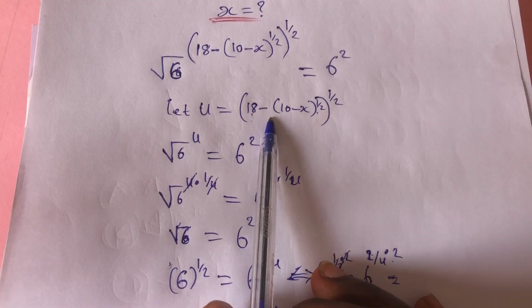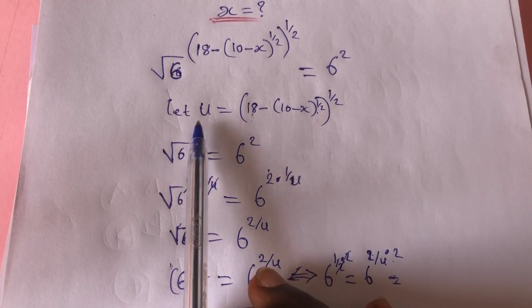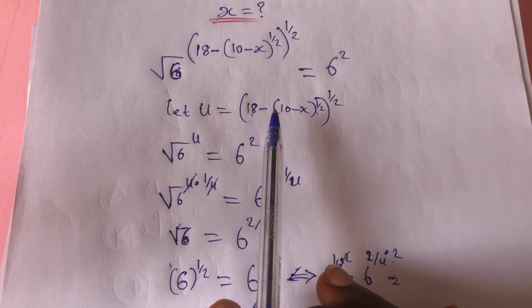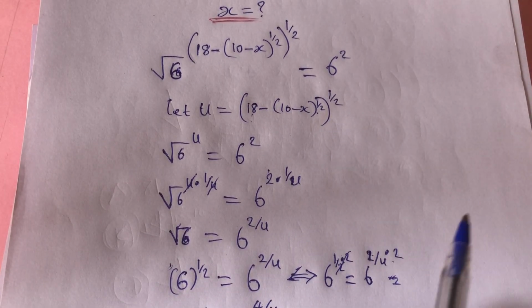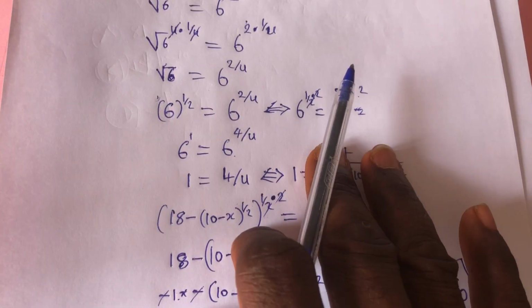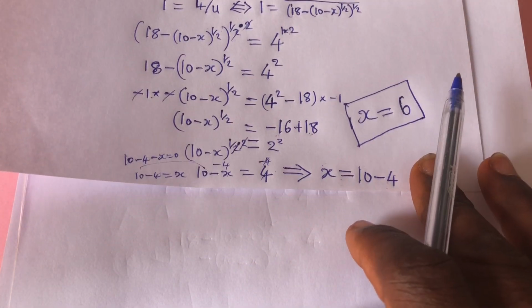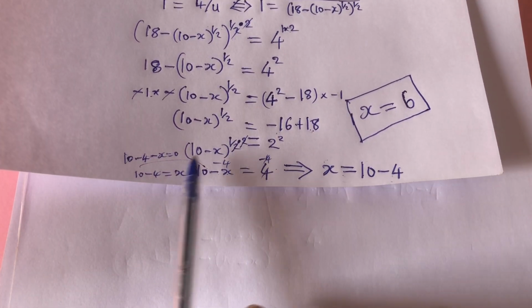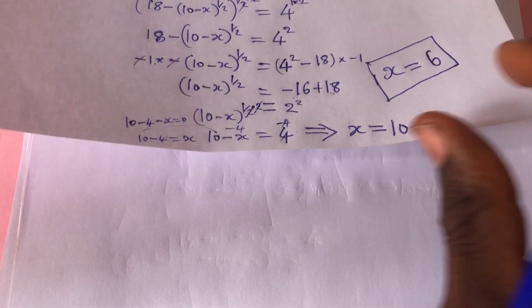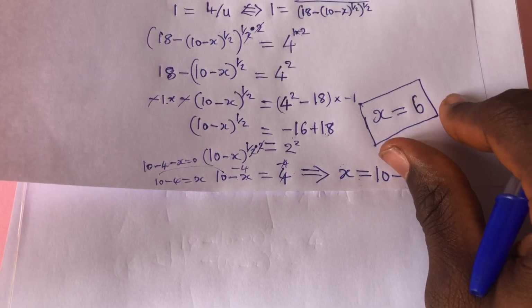But doing the u substitution makes your work much easier and neat. So you can do it, and little by little, breaking it down, you get the answer. x is equal to 6.